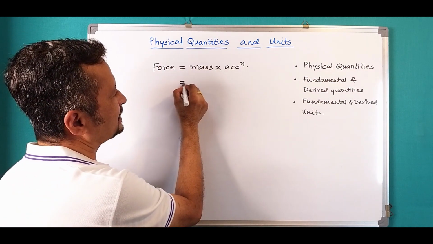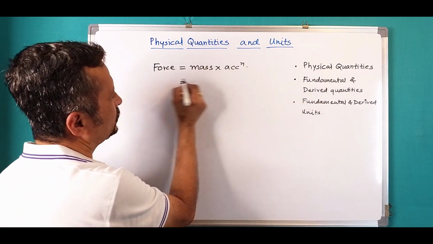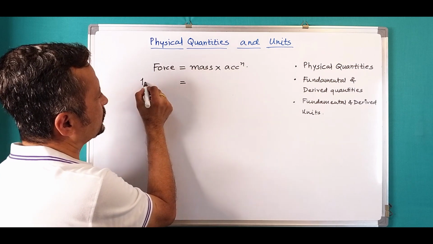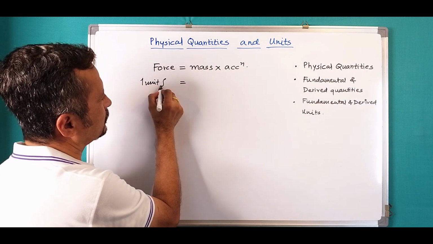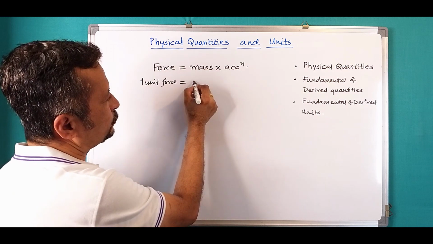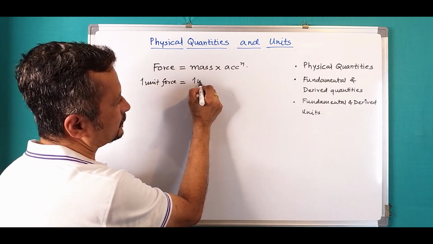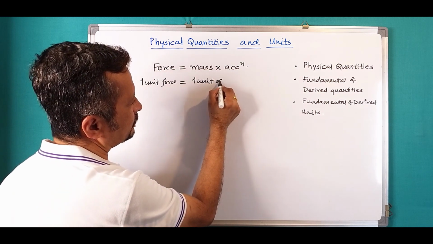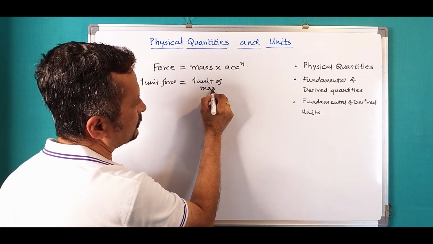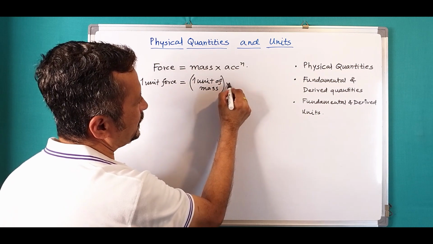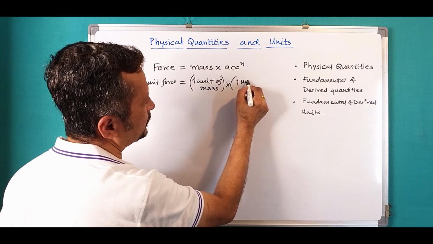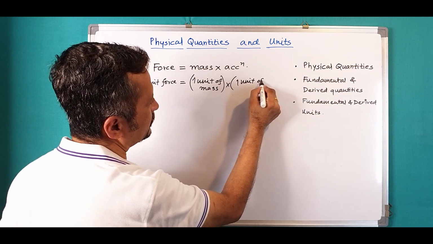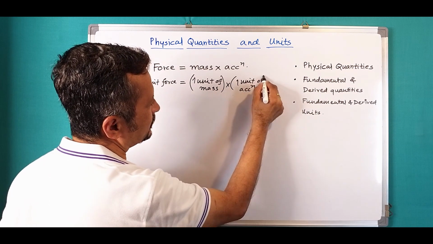Okay, so now mass is kilogram, so 1 unit of force is equal to 1 unit of mass multiplied by 1 unit of acceleration, right?